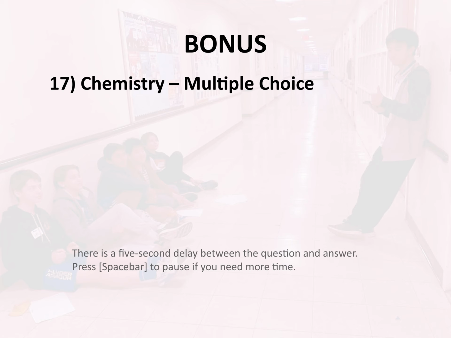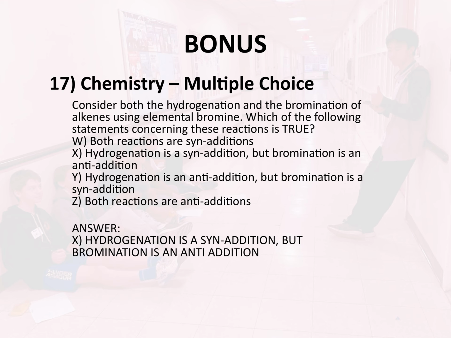Y. Hydrogenation is an anti addition, but bromination is a syn addition. Z. Both reactions are anti additions. Answer: X. Hydrogenation is a syn addition, but bromination is an anti addition.